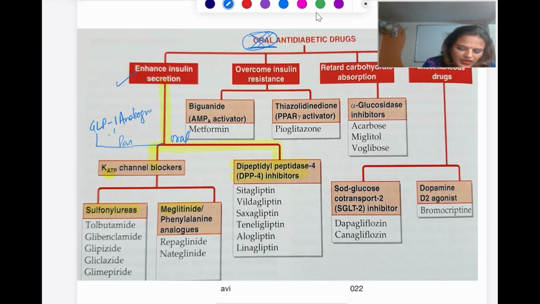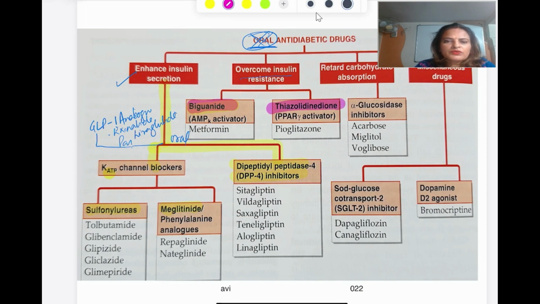So under that we have exenatide and liraglutide. Then the drugs which act by overcoming the insulin resistance, we have biguanide and thiazolidinediones. So biguanide is an AMPK activator, and this is a PPAR activator.